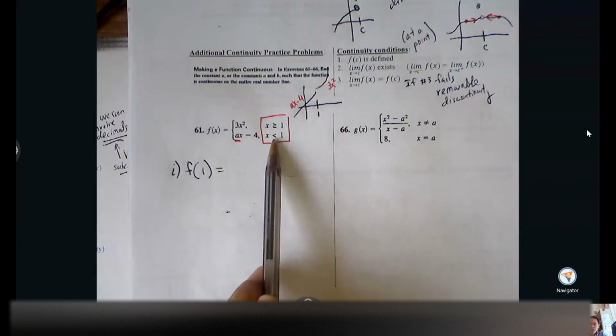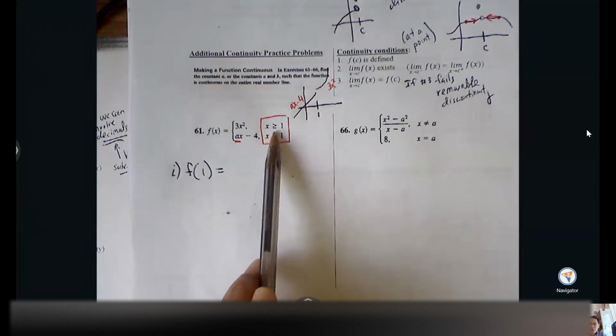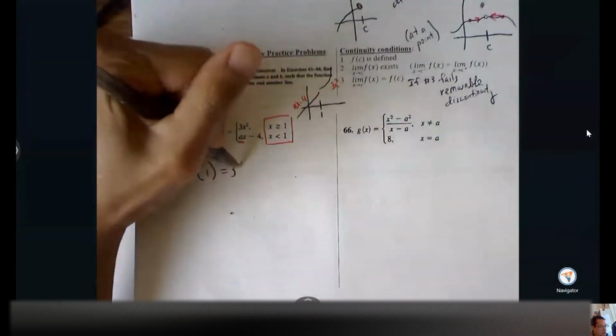Yeah, less than or equal. That little equal sign tells us 1 is defined for 3x squared, but not for the ax minus 4. It'll get close to 1, but this is always to the left of 1. So that little notation there tells us 1 is defined for the first piecewise. Okay, so plug 1 in for x.